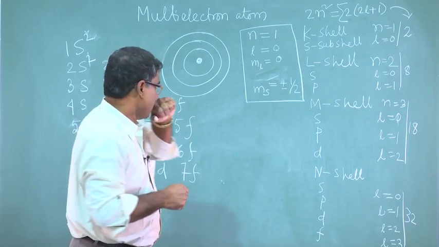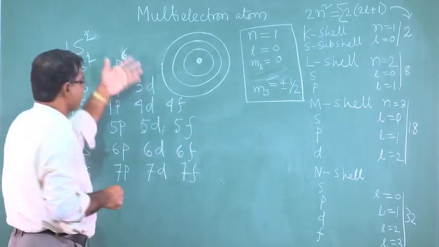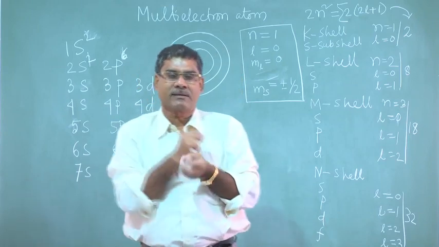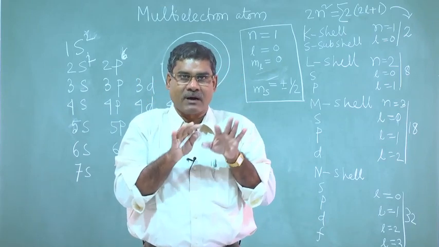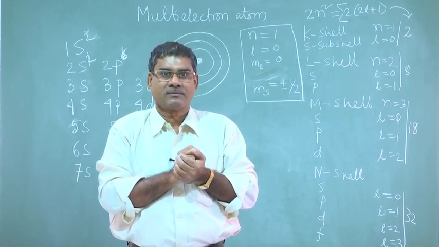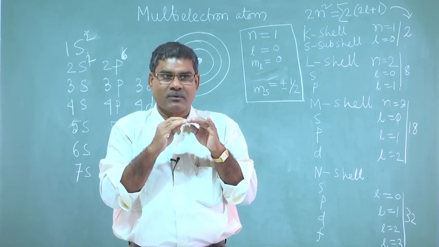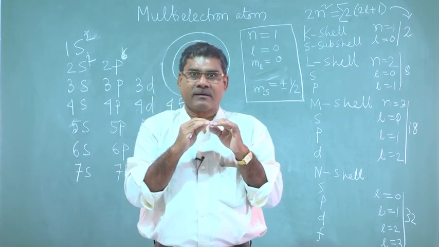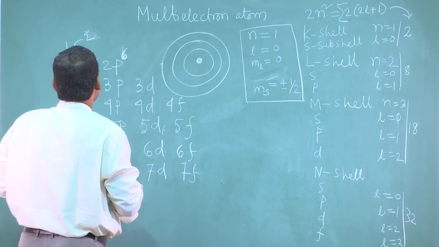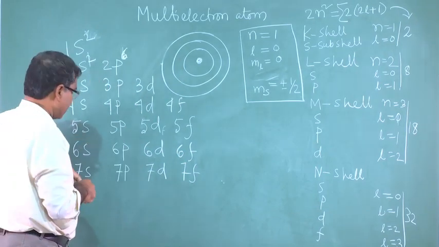This way we can put electrons one after another for the ground state. So, I have to fill the energy levels of minimum energy first.